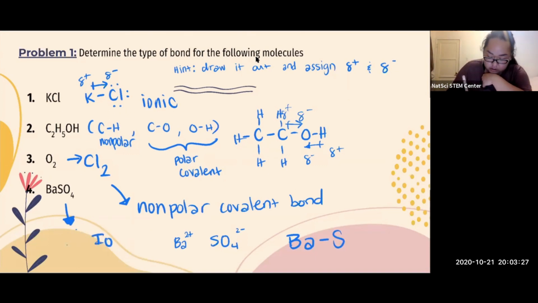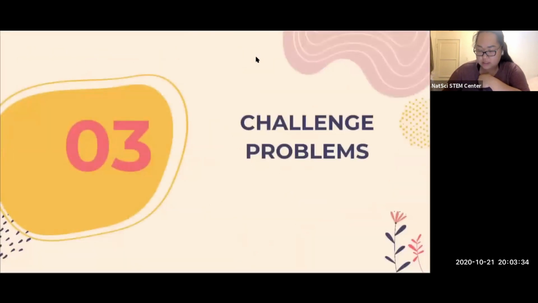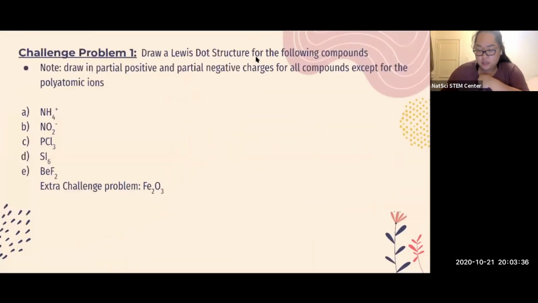Okay. So we're just going to move on now to the challenge problems. I'm going to show it to you guys. Take a screenshot, or it'll actually show up in the recording. So this is the first list. Using the electronegativity differences from earlier, for the next one, I want you to draw the partial positive and partial negative charges for these compounds, except for the polyatomic ions.